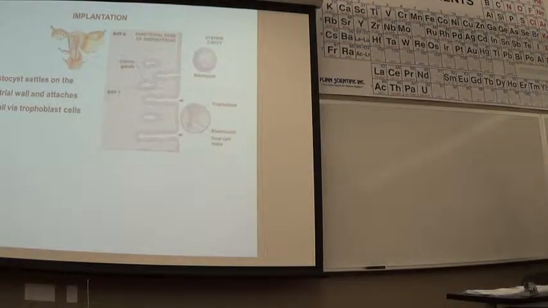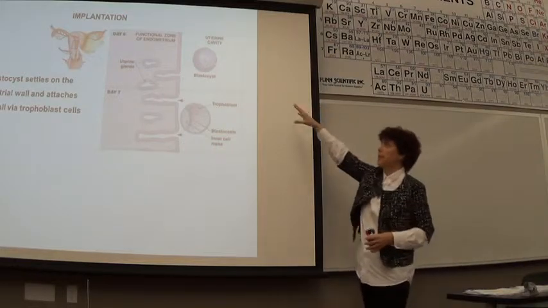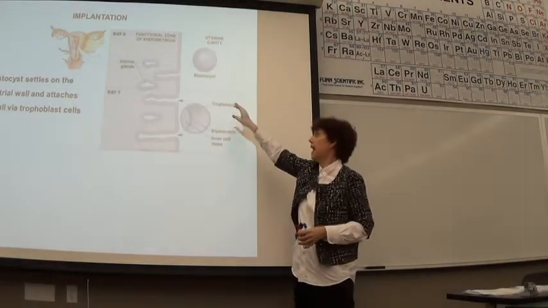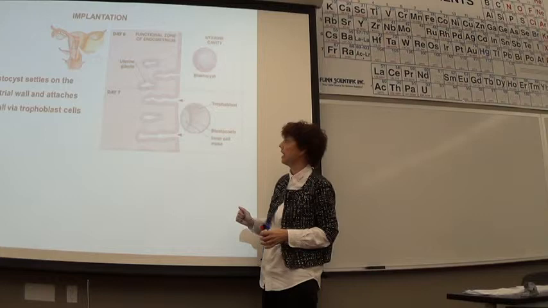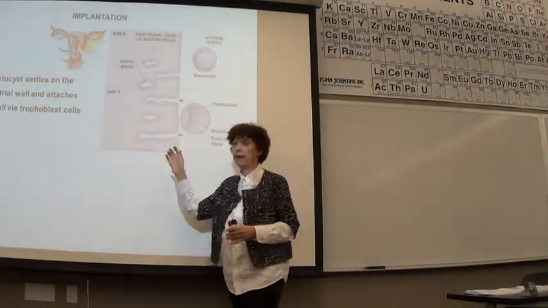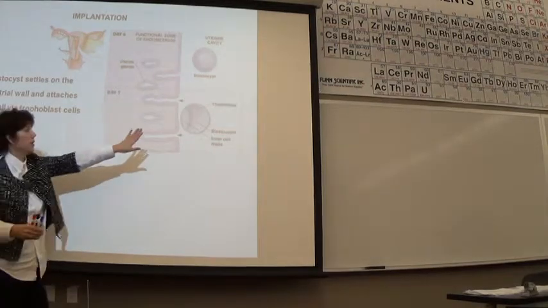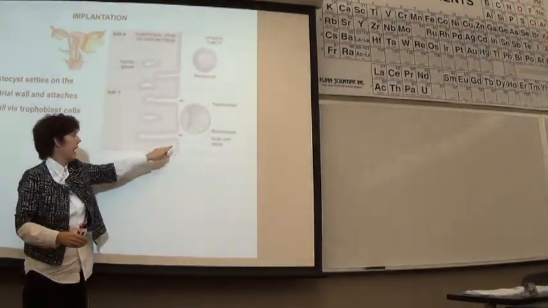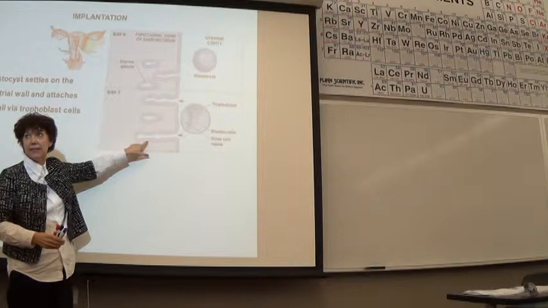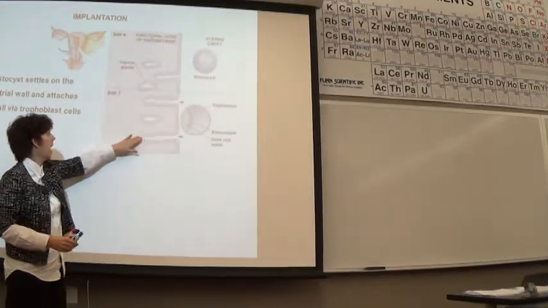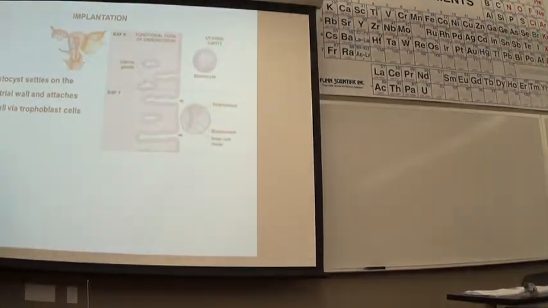All right, so here we see the blastocyst from the outside, and here it's been cut open so you can see it from the inside. On the left, what we have is the stratum functionalis. This is the uterine cavity, and these are the simple columnar cells that we talked about forming the uterine glands.